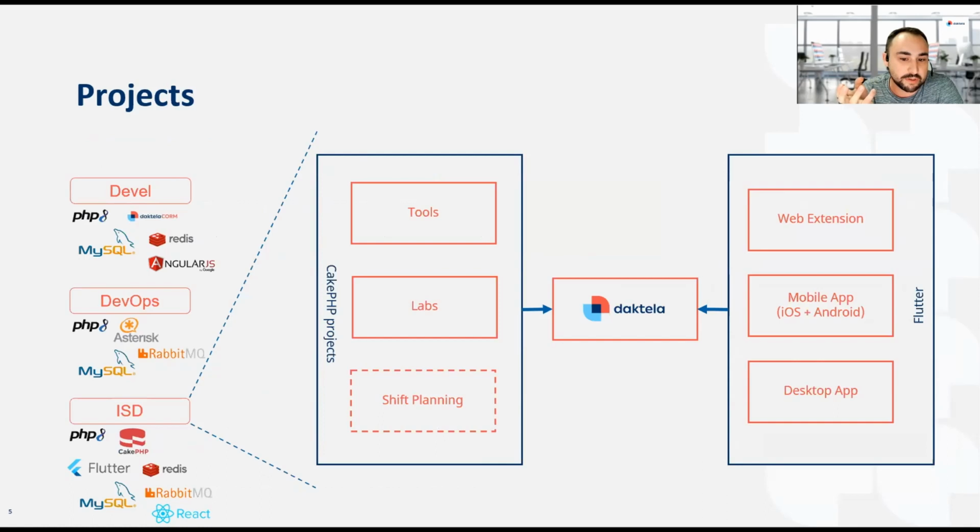Here you can see the technology stack that we are using. You can see that it's pretty rich, and we are using a lot of modern technologies. But one of the cores is the ISD team, which stands for Integrated Solutions Development, which generally means that we are developing systems on top of our main product, the contact center system. The heart of this department is the CakePHP framework. We currently have about 3 or 4 projects running.